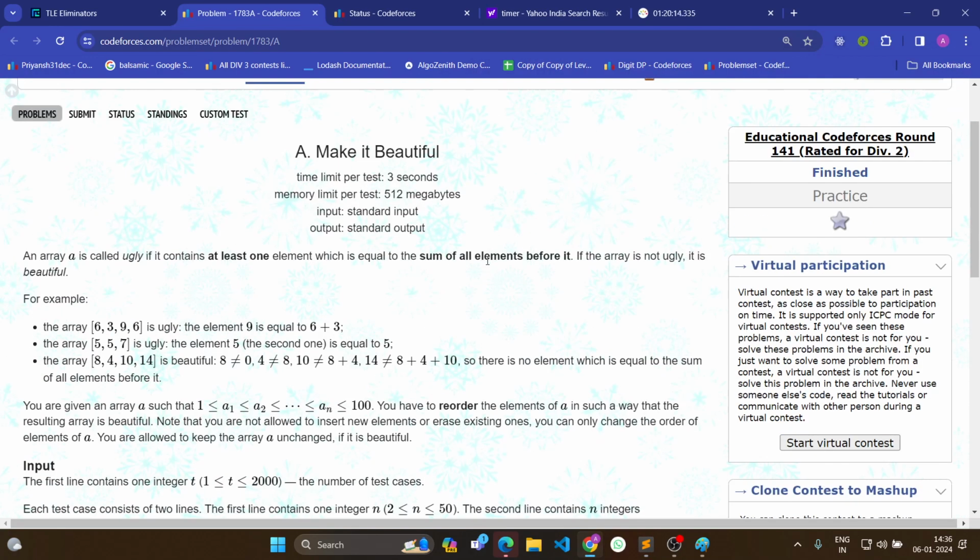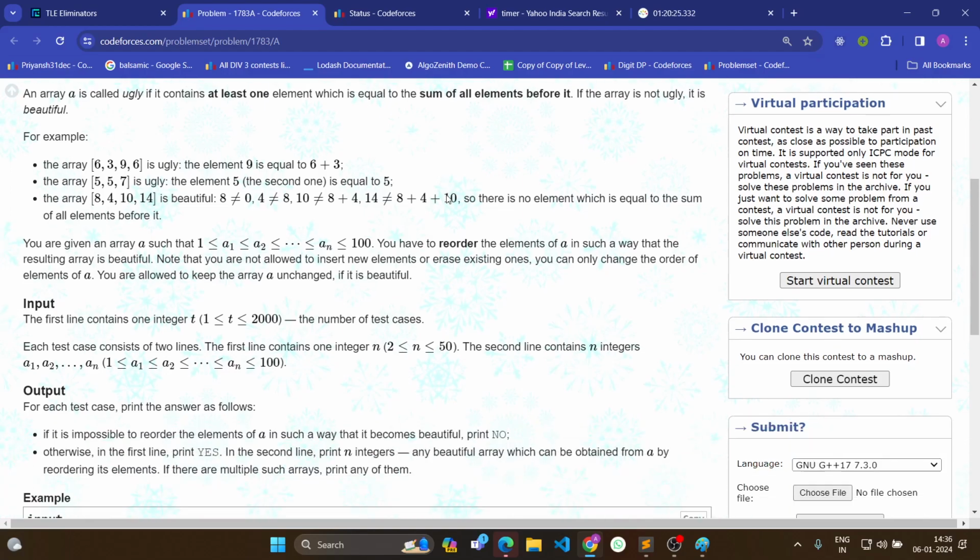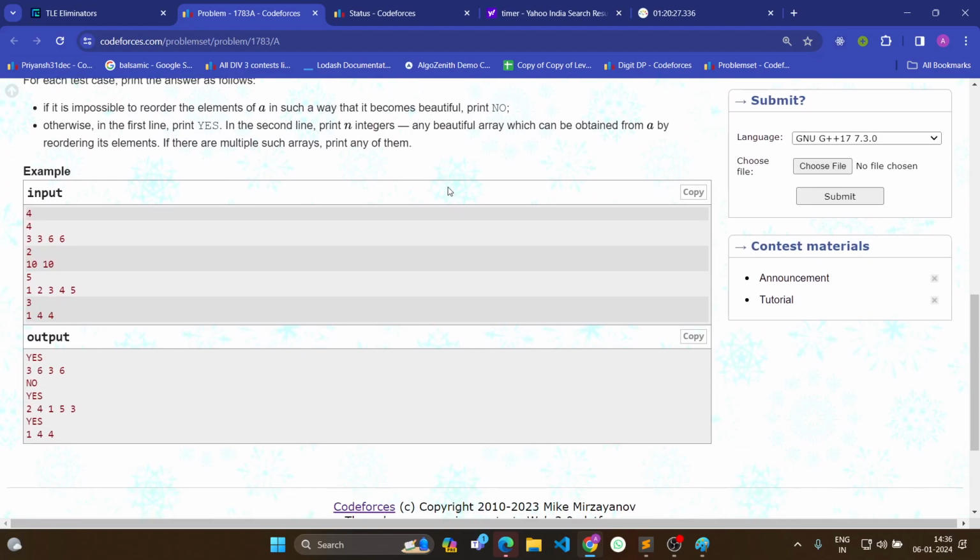It must be equal to the sum of all elements before it.